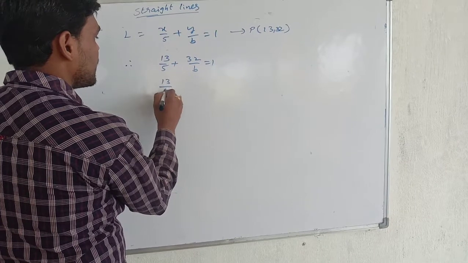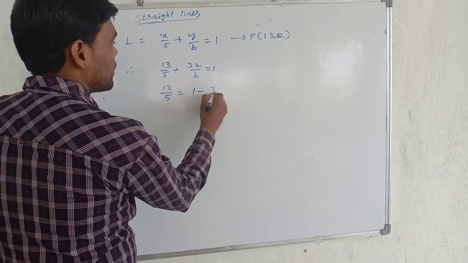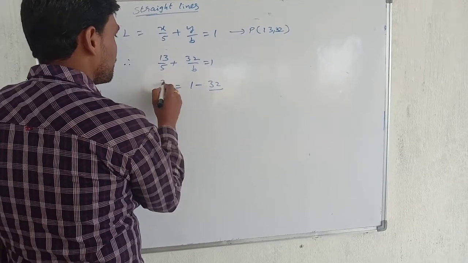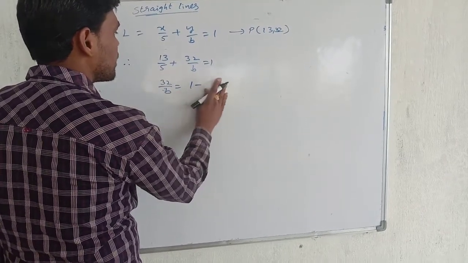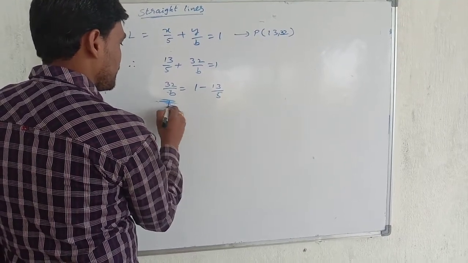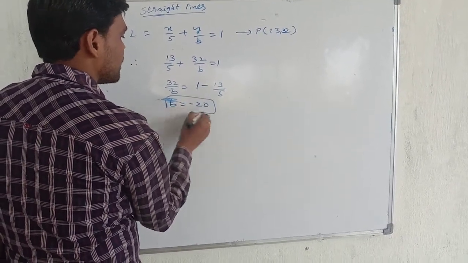Therefore 32 by b is equal to 1 minus 13 by 5, and this gives b is equal to minus 20.